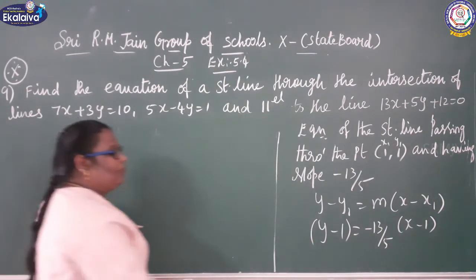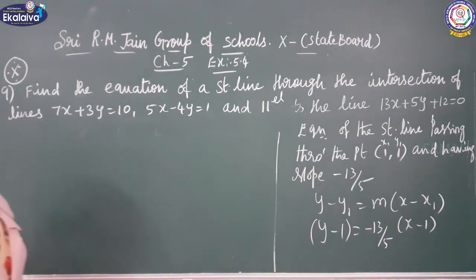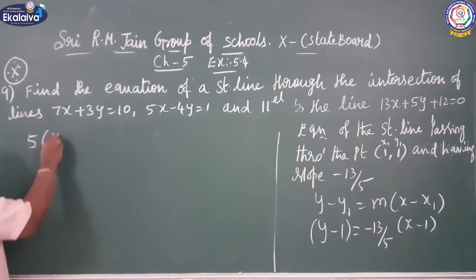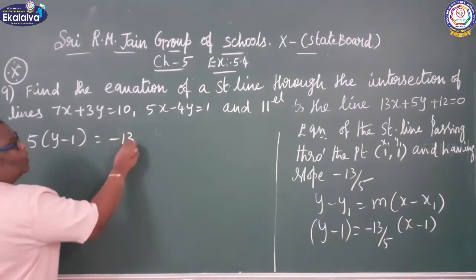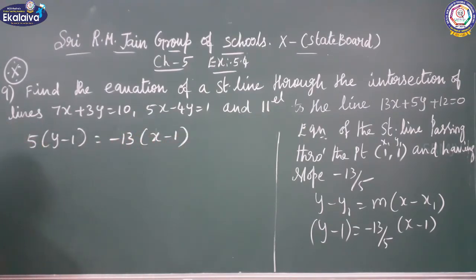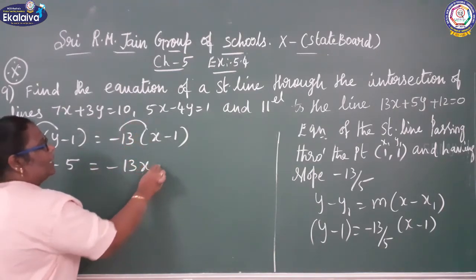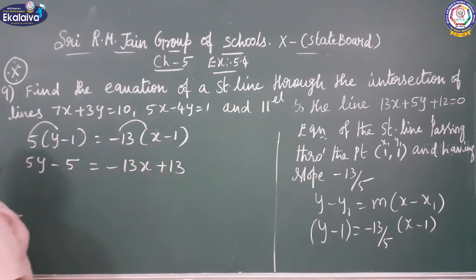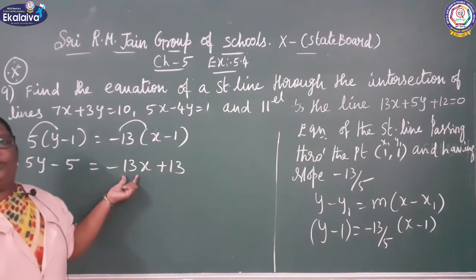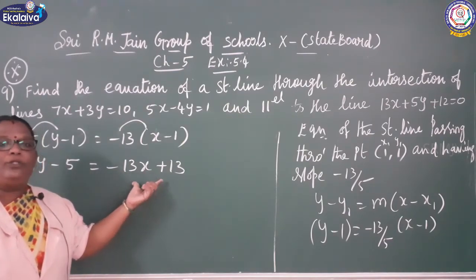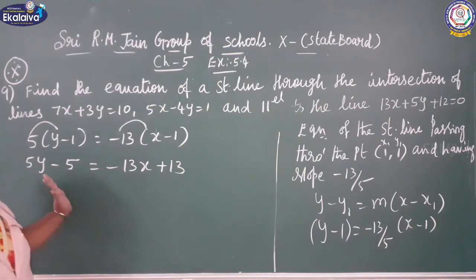Bring that 5 to the left hand side. So 5 into y minus 1 equal to minus 13 into x minus 1. Multiplying inside, 5y minus 5 equal to minus 13x plus 13, since minus into minus becomes plus 13. Here x is negative, so you bring these two values to the left hand side.